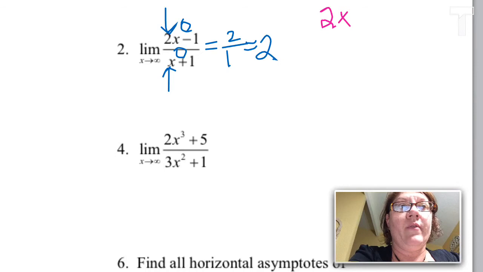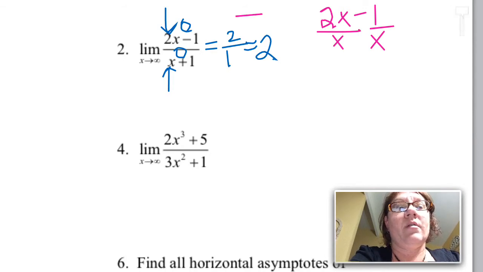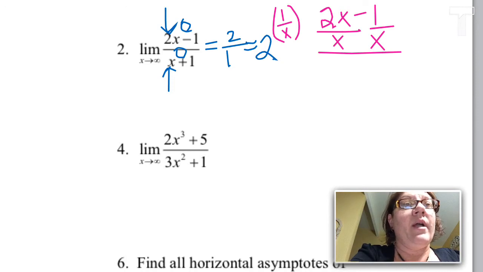That's really probably the most efficient, but another option is to divide by the highest power, or excuse me, multiply by the reciprocal of the highest power. So I'd multiply everything by 1 over x, keeping in mind I have to do that on top and bottom. So this is using my original limit value.